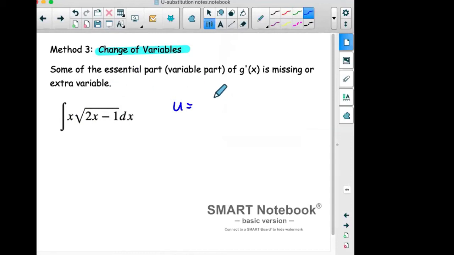Excellent. So it's going to be 2x minus 1. So what's the derivative of 2x minus 1? 2. I see that showing up on your faces. So derivative of 2x is 2. Derivative of negative 1 is 0. So it's just 2 dx.